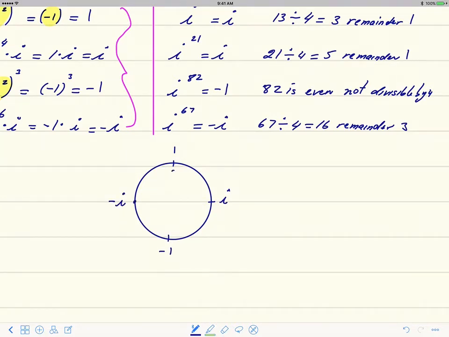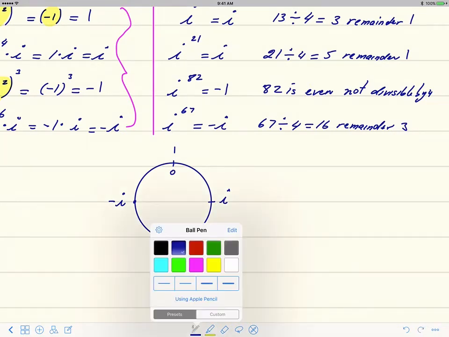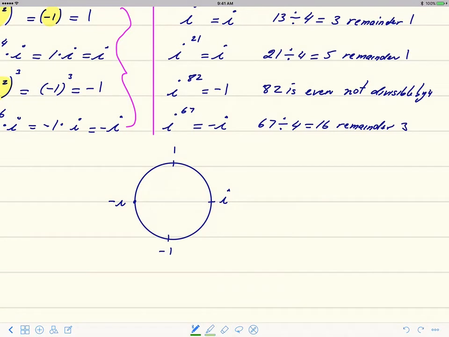So this is when the exponent is 0, 1, 2, 3. Let's do it with a different color here. So 0, 1, 2, 3, 4, 5, 6, 7, 8, 9, 10, 11, 12.